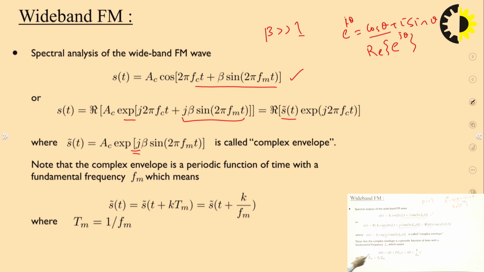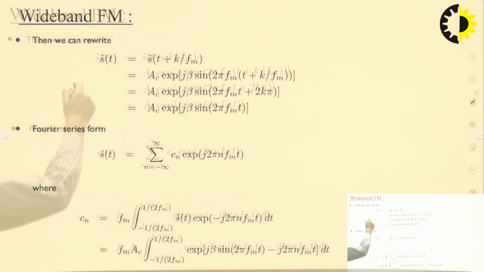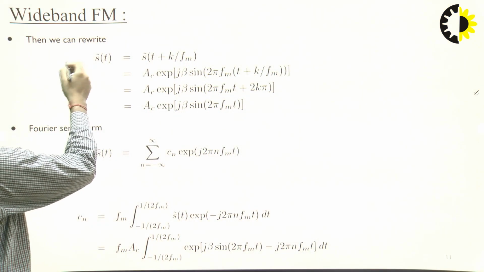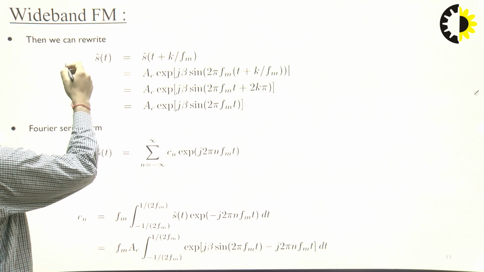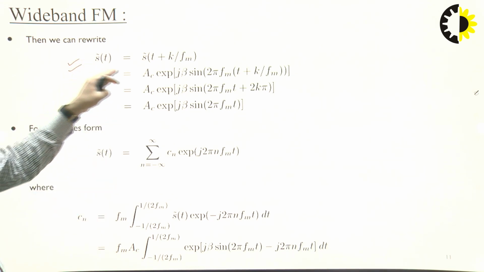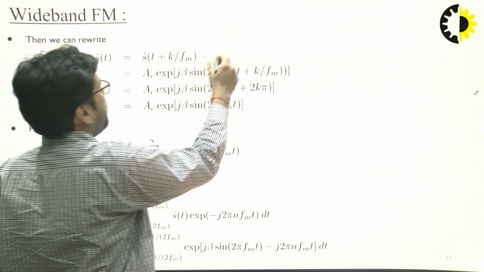So we can write s bar t is equal to s bar of t plus k Tm, where Tm is 1 by fm. Right, I hope this one is clear to all of you. So you can write this by using the periodicity of the signal.